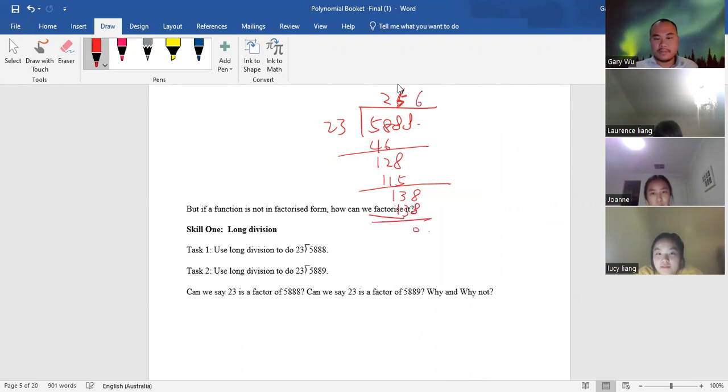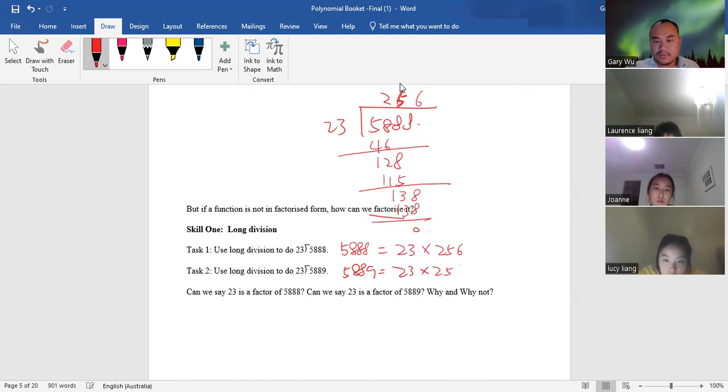No remainder, right? Can we write 5,888 equal to 23 times 256? Of course we can write it in this way. If the number were one more, we know the remainder must be 1, right?